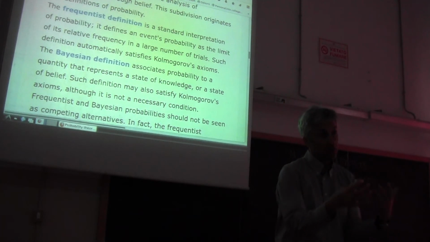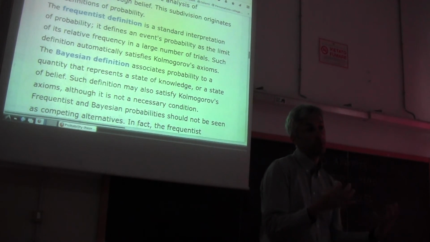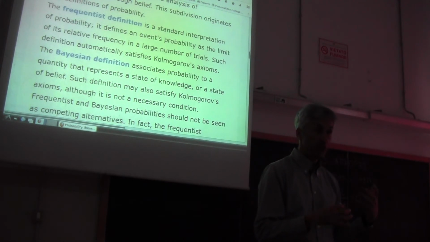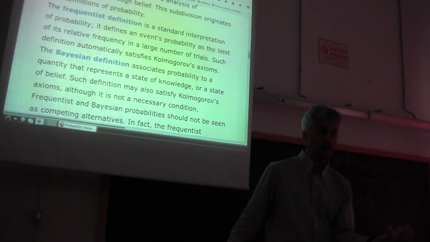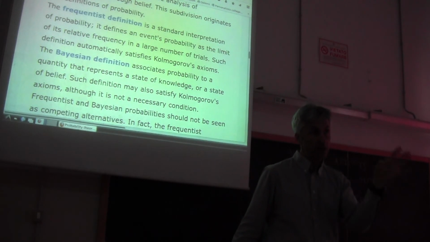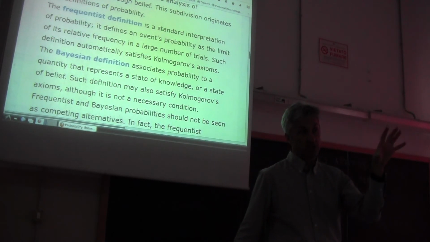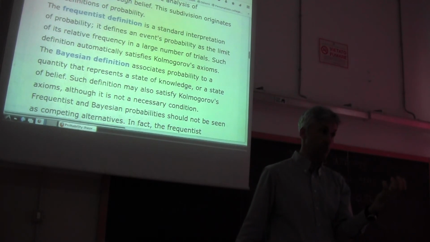And you may ask me, but what's the difference then? Why don't you call probability frequency? Because frequency means that you observed something, and you compute the frequency by looking at the outcome of your observations. Probability is something theoretical that you must be able to compute even in absence of observations.